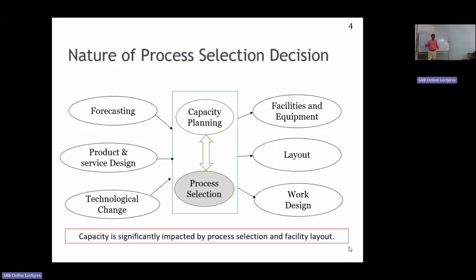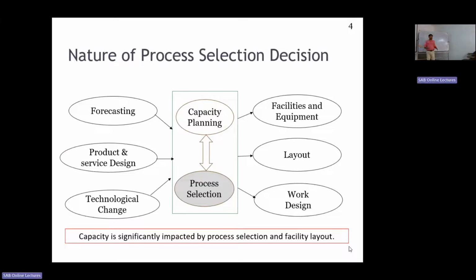And then the layout, the next topic we are going to start. We'll discuss it there. Process type and the layout are linked. Layout we'll discuss in detail, but for the time being, it is how the machines or resources within the factory are arranged physically. That depends on the process type.